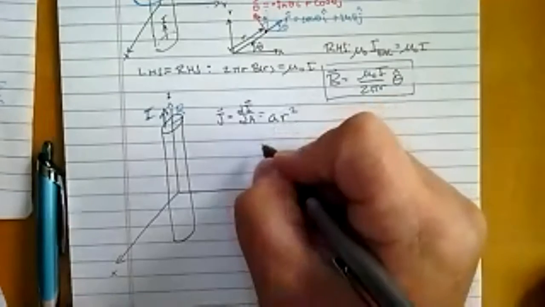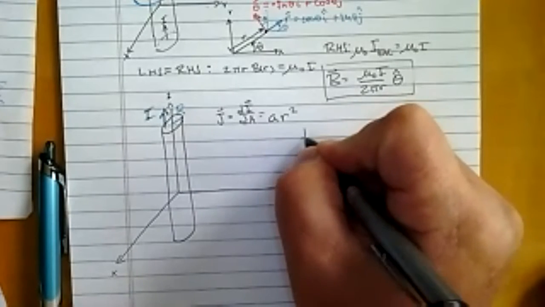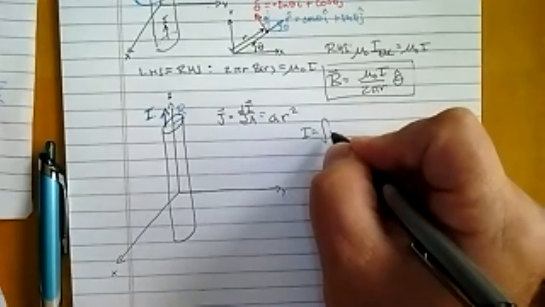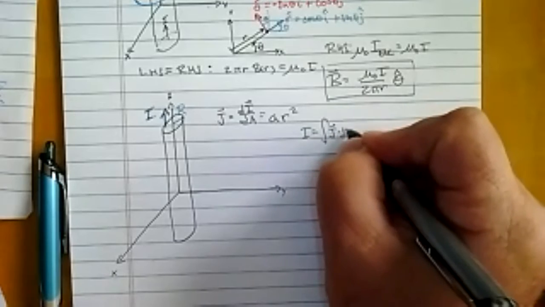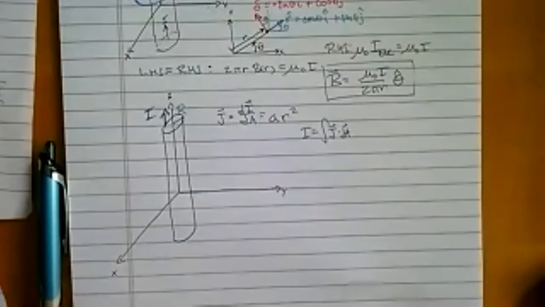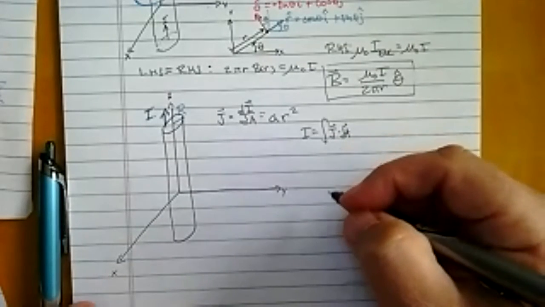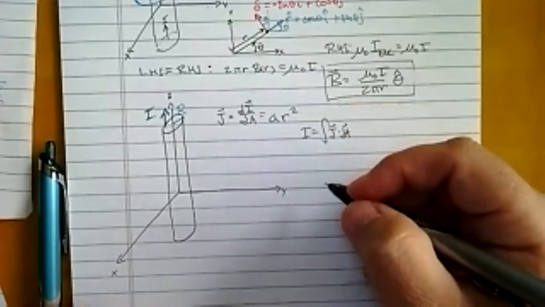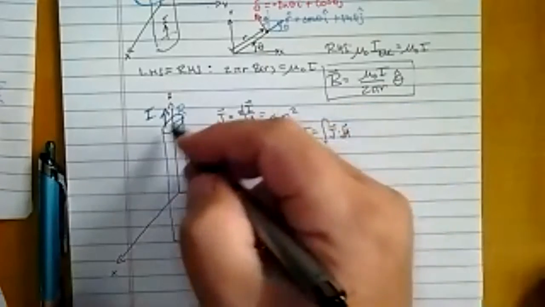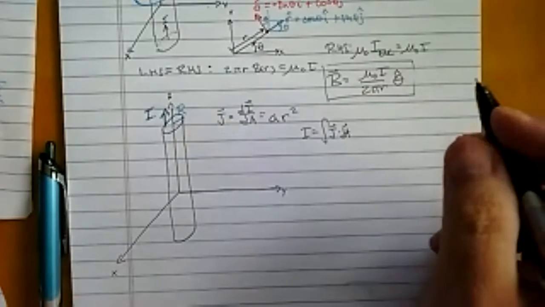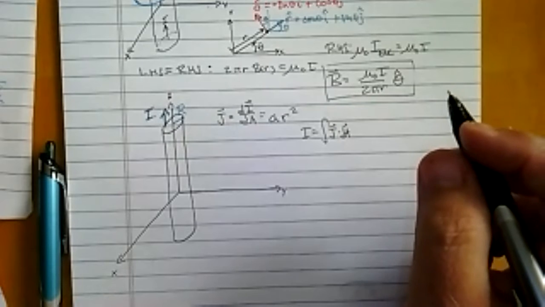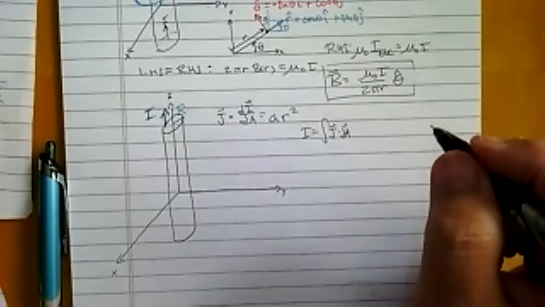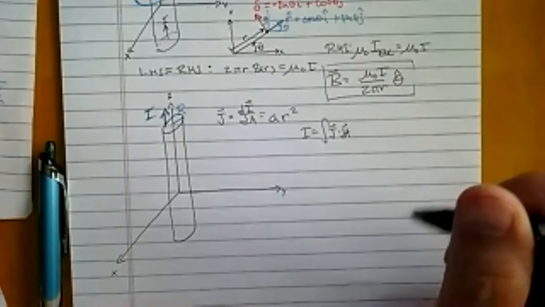I do know that I, the current, is equal to the integral of J dot dA. Now, dA is a unit vector that basically points in the direction of the current, but it's perpendicular to the cross-sectional area. So if I again appeal to my cylindrical coordinates here, I could actually figure out what dA is.